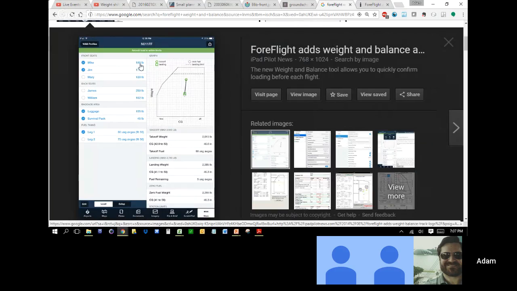You can't change people's weights necessarily, but if you've got, like in this case, 105 pounds of luggage, maybe some of that luggage has to sit on Jim's lap. So you take 50 pounds of it and put it on Jim's lap. The survival pack, maybe that goes on the front floorboard. You just start playing with numbers to make it fall within limits. You won't necessarily do that particular equation on the app, but in some regards, playing around with numbers is more intuitive, right? Yeah. Get it to work. Just get it to fall in.